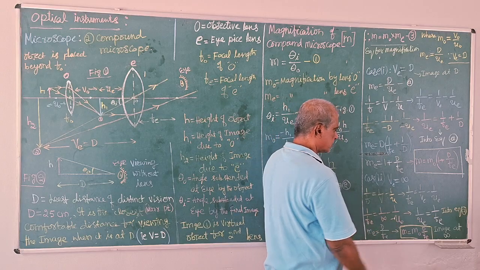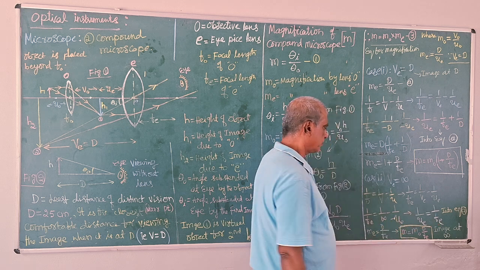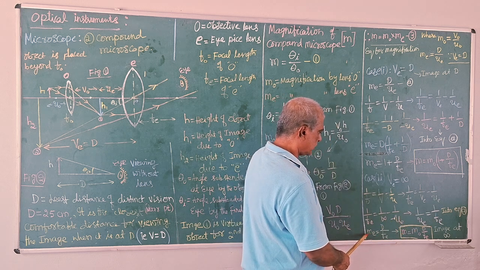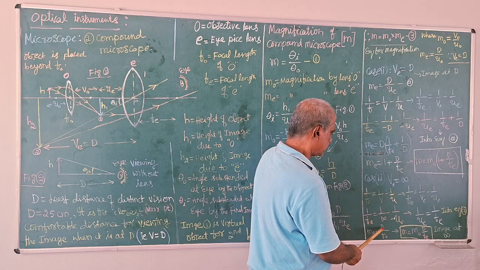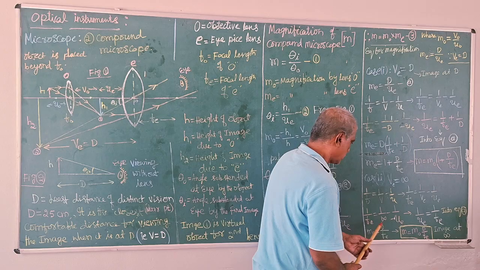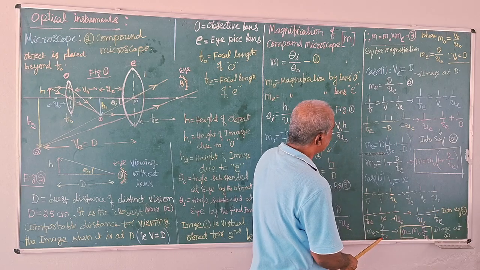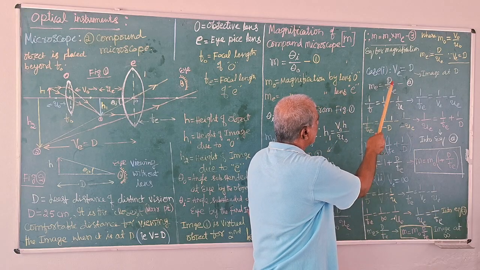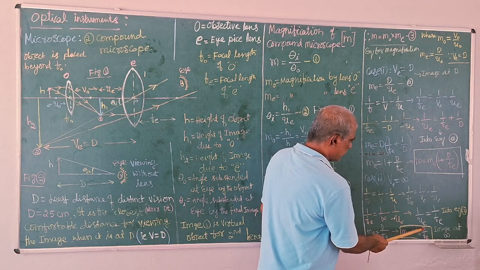It is the same as this. So 1 by u is equal to 1 by fe. Put that, so 1 by u, that is d by u here. It becomes d by fe. So m equals m0 into d by fe.